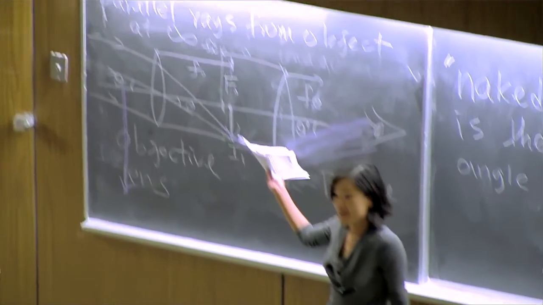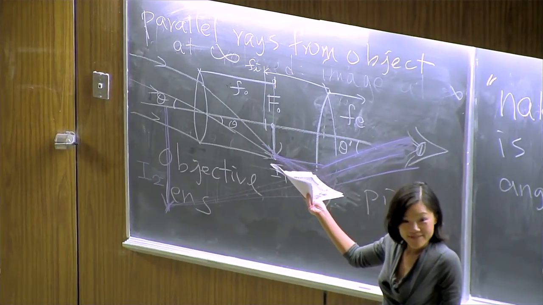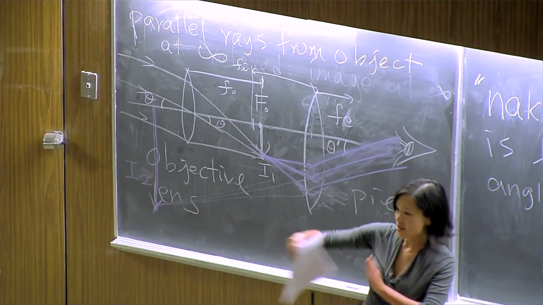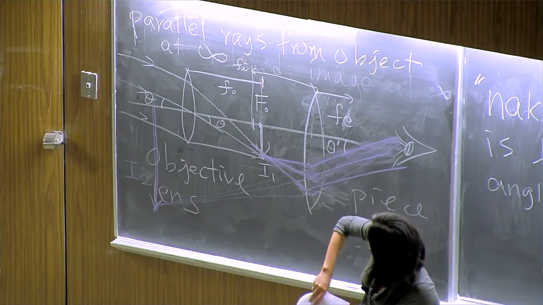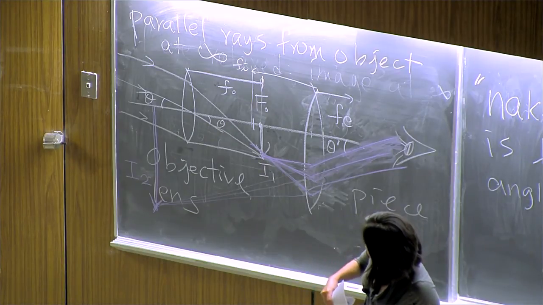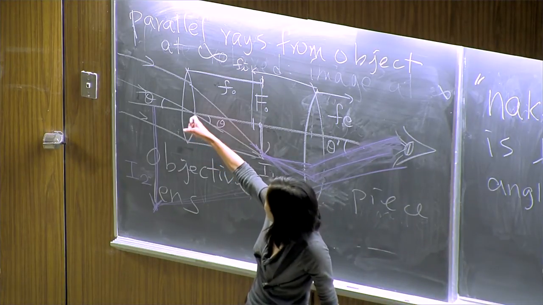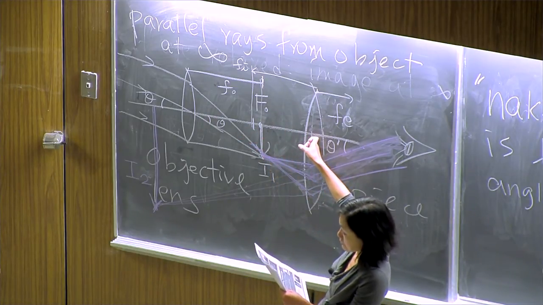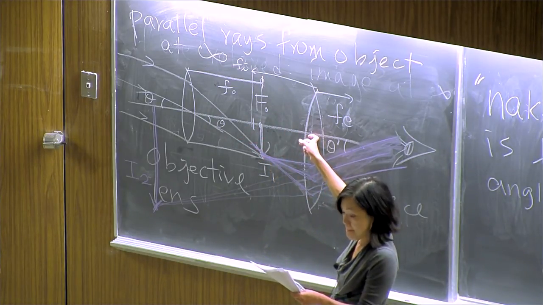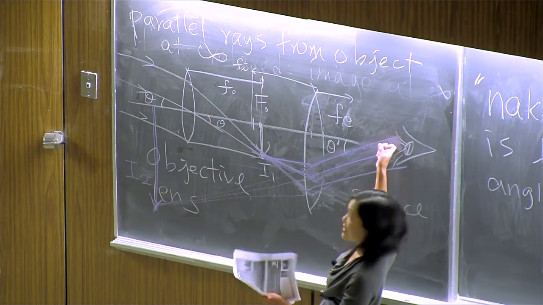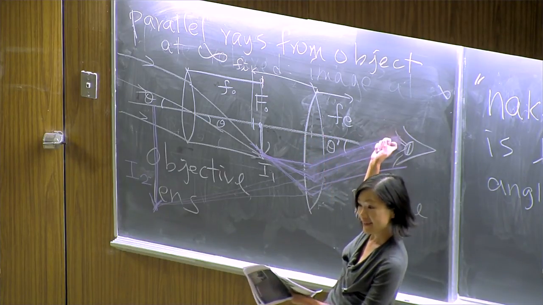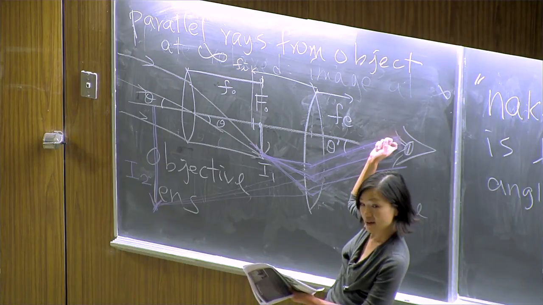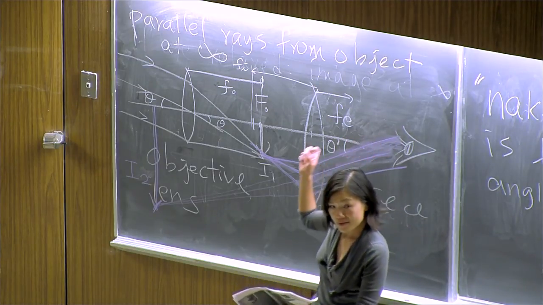You just go back to this figure. What would be the length of the telescope? Make an estimate. It will be this distance plus this distance, and plus this distance again.